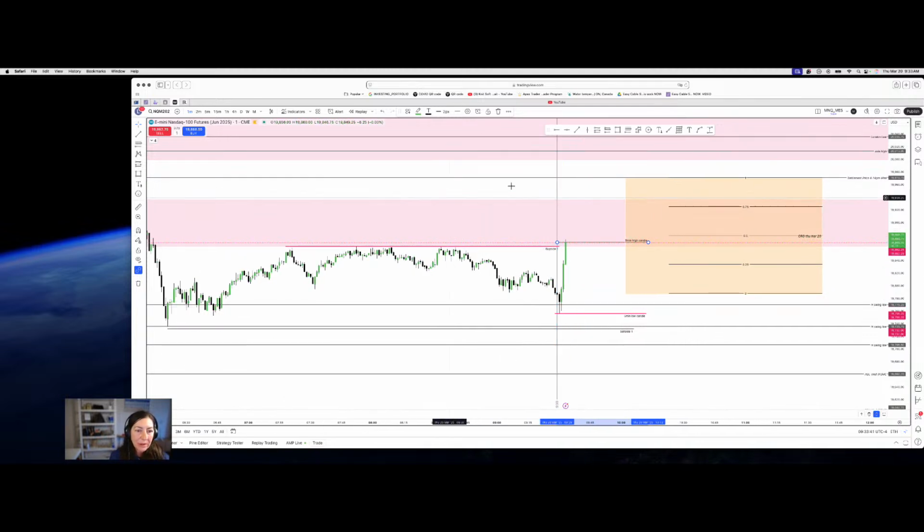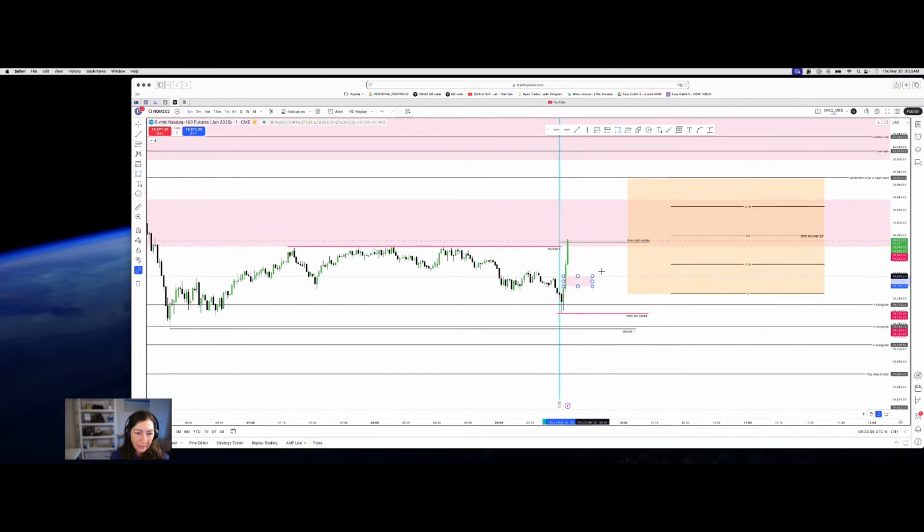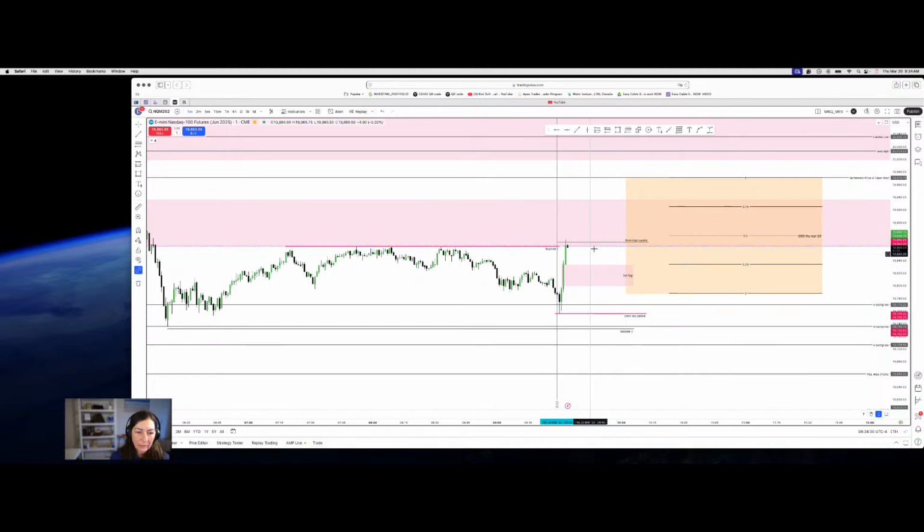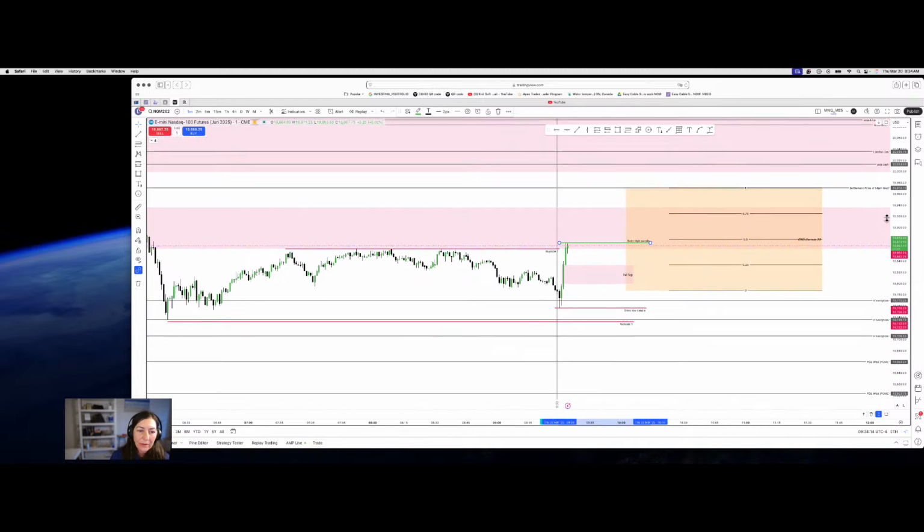And we're going to put in our first fair value gap of the day. And our fifth and final candle is printing at this time. We'll see if it's going to make a higher move.